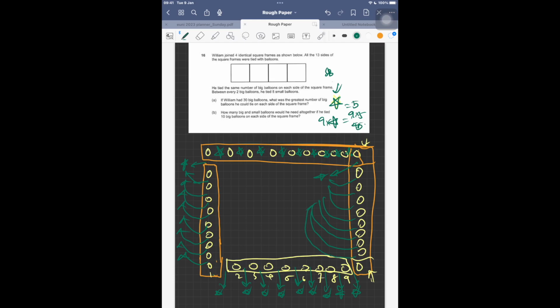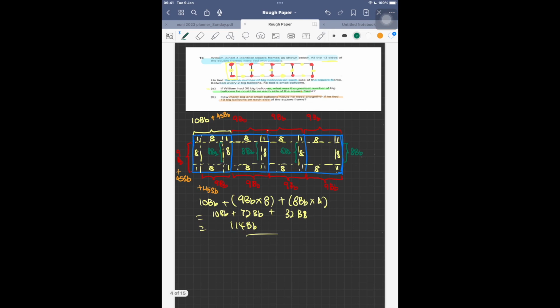So it's also 45 for here. So you can see that every side, I will have 45. Every side, even if here is 10 big balloons, every side I will have 45 small balloons.